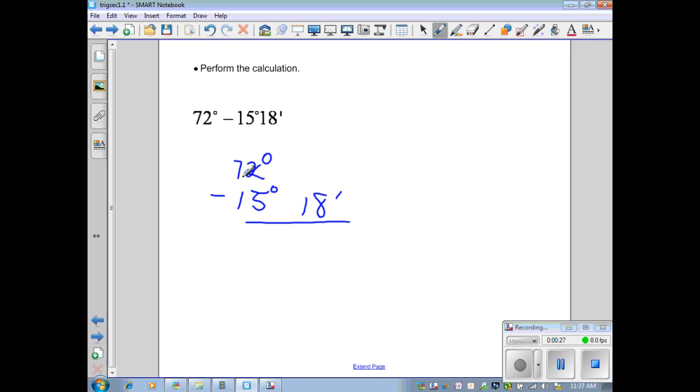And what we're going to do is take 1 degree from our left unit, giving us 71 degrees, but we know that 1 degree left over gives us 60 minutes. We're going to use that for the difference for our minutes. So once we borrow again, that'll give us 42 minutes, and then we'll just use this as a subtraction. So this will give us 56 degrees, 42 minutes.